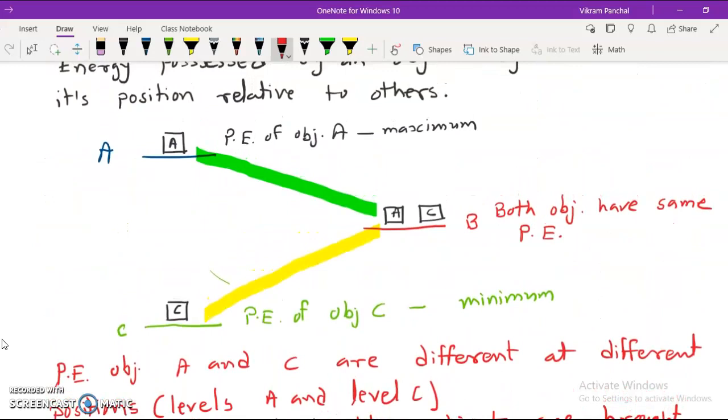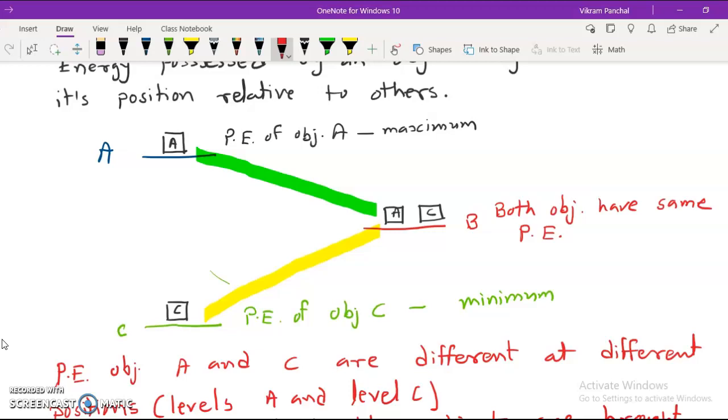For example, here you can see that at level A, object A is having maximum energy, but when it was brought to level B, because the height decreased, the potential energy of object A would be different or less than the same object at level A. Why?